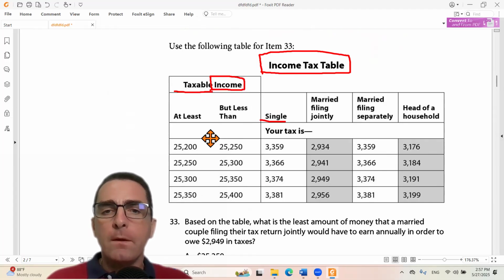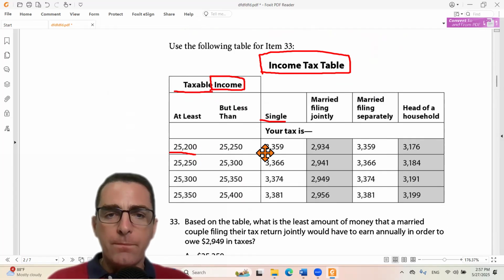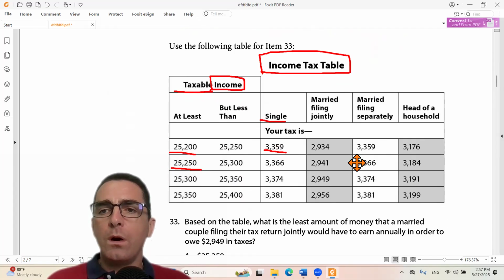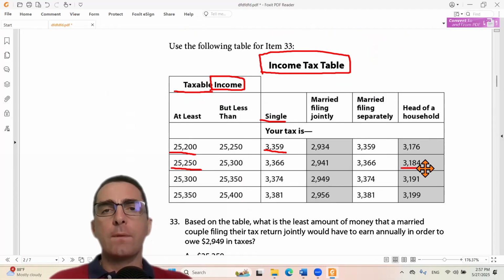So, for example, if you earn at least $25,200 a year and you're single, your tax would be $3,359. Okay. If you are earning, let's take the next one, 25,250, and you are the head of a household, well, then you would pay $3,184 to the government in tax.